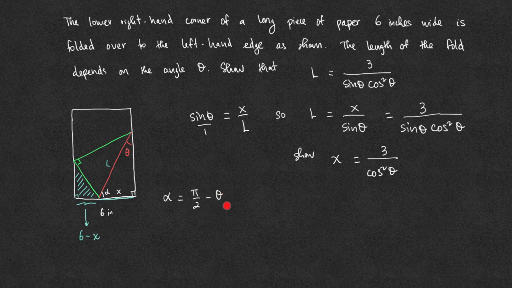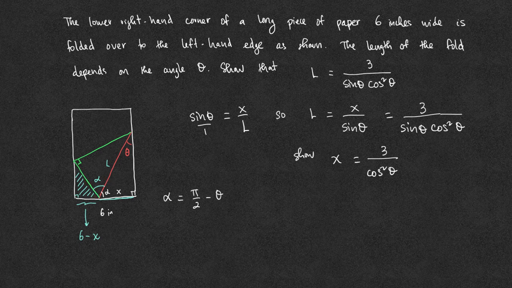They add up to 90 degrees or pi over 2. From the symmetry of the fold, if this angle is alpha, then the angle in the triangle that is next to it is also alpha, because it is the fold. Again, if this is alpha, when we fold it, this angle is also alpha.